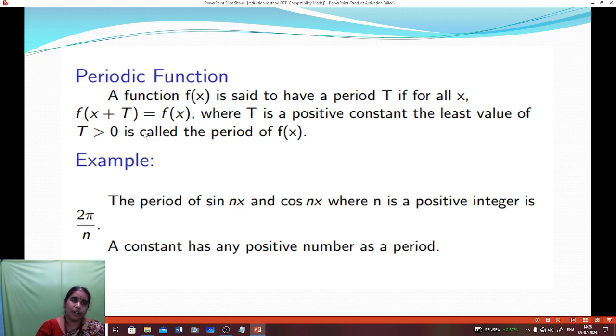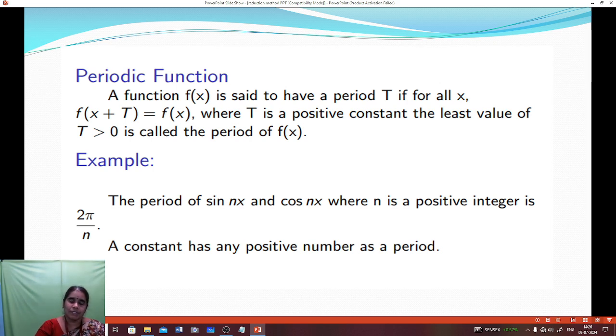First one is the periodic function. This is the definition. A function is said to have a period if f of x plus t is equal to f of x, where t is a positive constant, and the least value of t greater than 0 is the period of the given function f of x. First, we have to know whether the function is periodic or not.